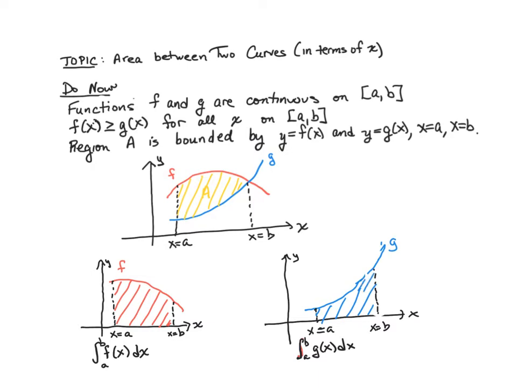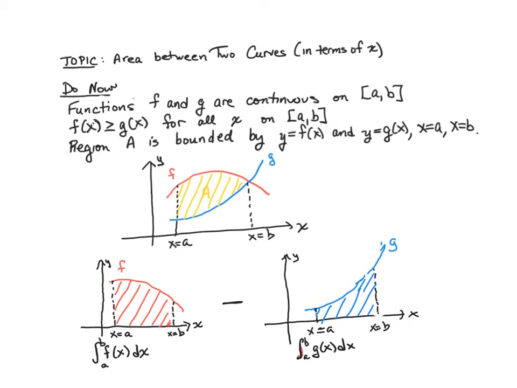So now the question is, how can we use these two answers to get the area that's above the x-axis between f and g? Well, it seems that if we combine these two, we can get the area of the yellow region by subtracting these two areas.